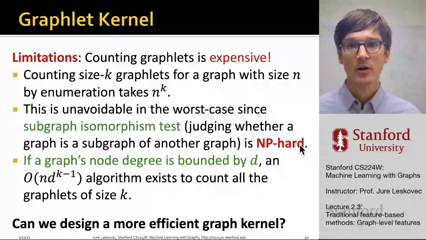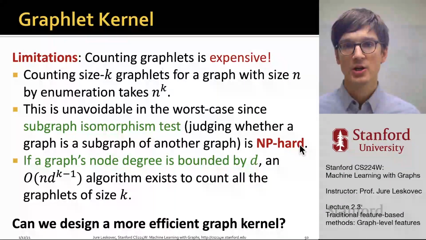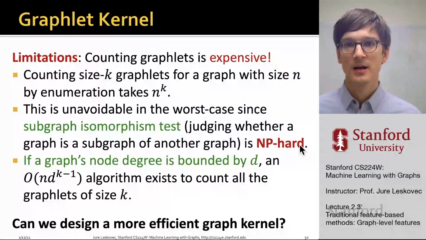And this is unavoidable in the worst case, since subgraph isomorphism, judging whether a subgraph is isomorphic to another graph, is NP-hard. There are faster algorithms.